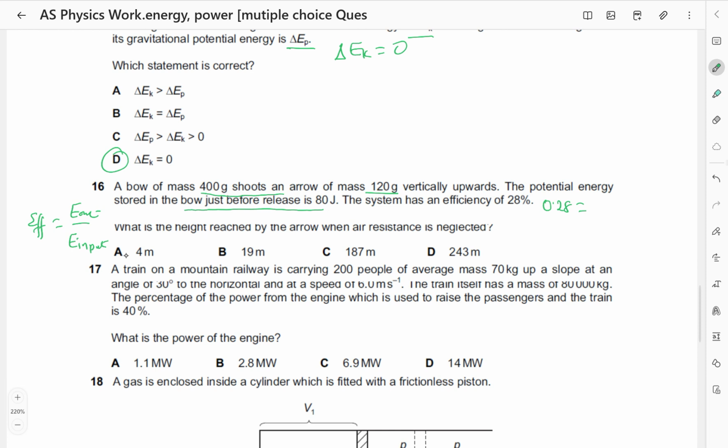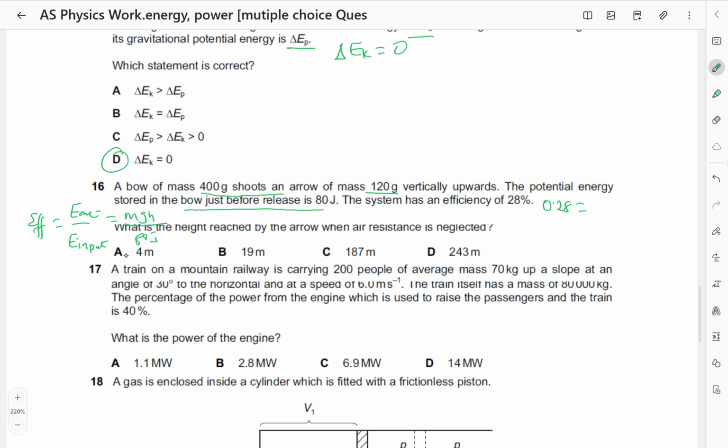The energy output would be to move the mass of 120 grams upwards. So energy output is going to be mgh, and the energy input is 80 joules.